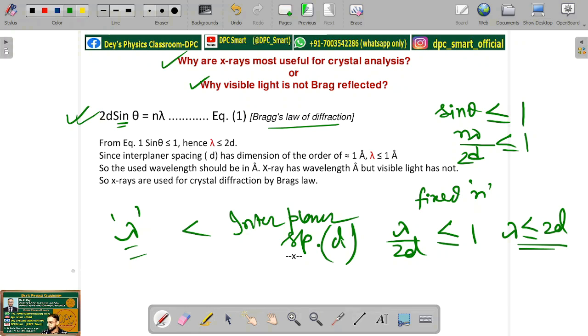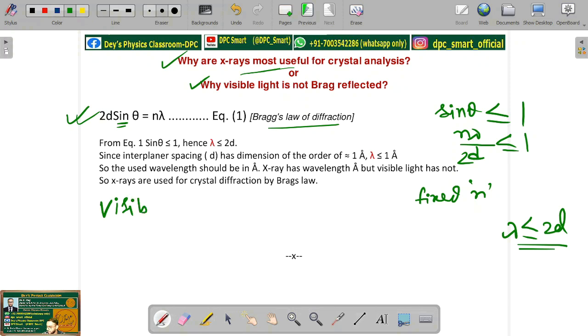So for X-ray we know wavelength dimension is around angstrom, and similarly for interplanar spacing d of any crystal is also of the order of angstrom. So both match.